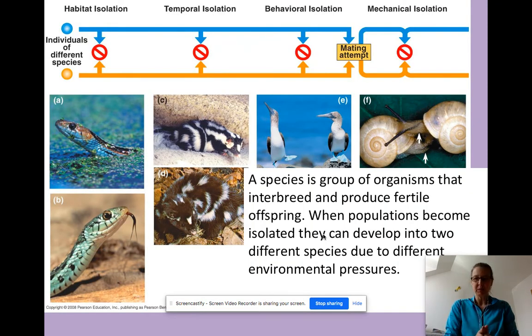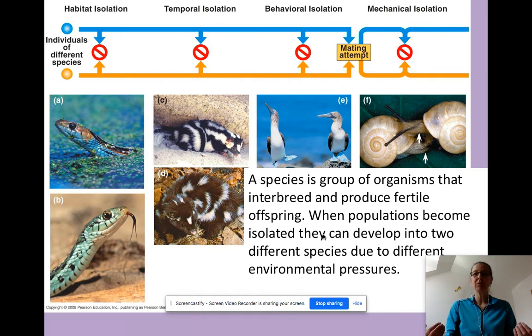So the definition of species: it's a group of organisms that can interbreed and produce fertile offspring. If for some reason isolation occurs, if that population gets split somehow, whether it's through habitat, geographic isolation, or some temporal or behavioral matters, and there are different selective pressures acting on those two sets of the population, then it could result in enough genetic changes that if you were to introduce those two parts of the population again, they could no longer interbreed.